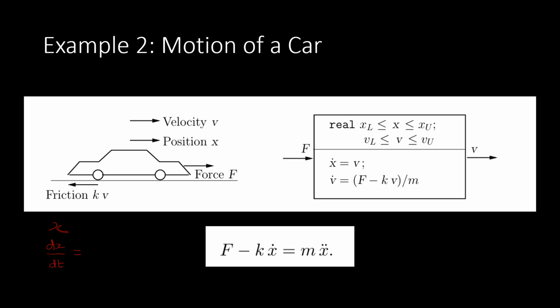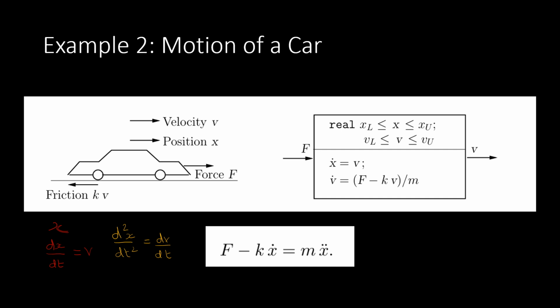We call it velocity v. When I differentiate this again, we get a term called d square x by dt square. This is the rate of change of velocity, that is dv by dt.